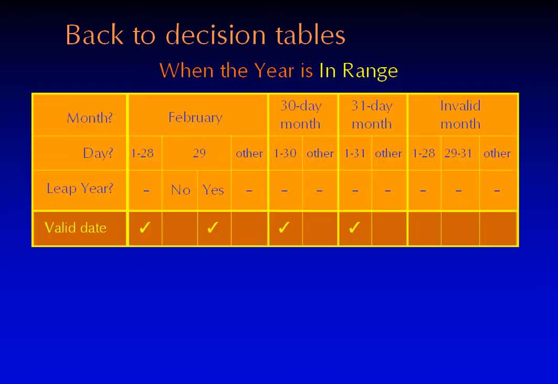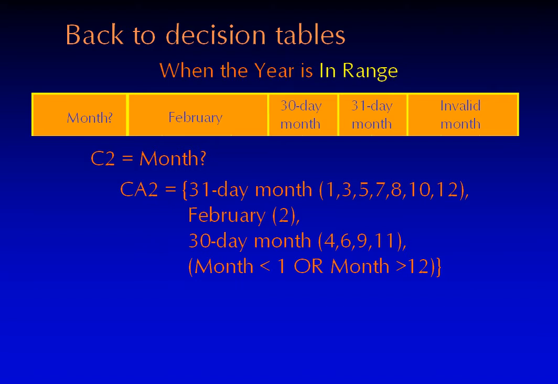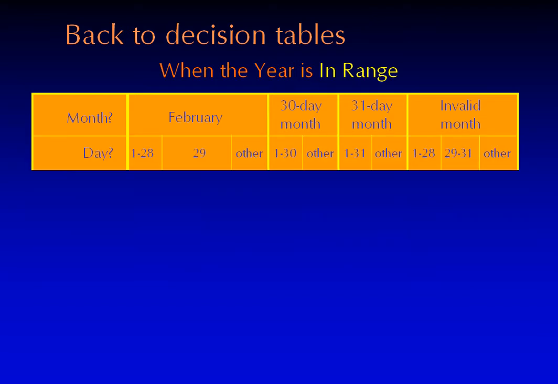Here we have the month and its 4 alternatives: February, the 30-day months, the 31-day months, and the invalid months. Now we add the days of the month, where other represents the invalid numbers and is context dependent. There are only 2 significantly different situations: when it is February the 29th and when the month is invalid and the day number is 29, 30 or 31.